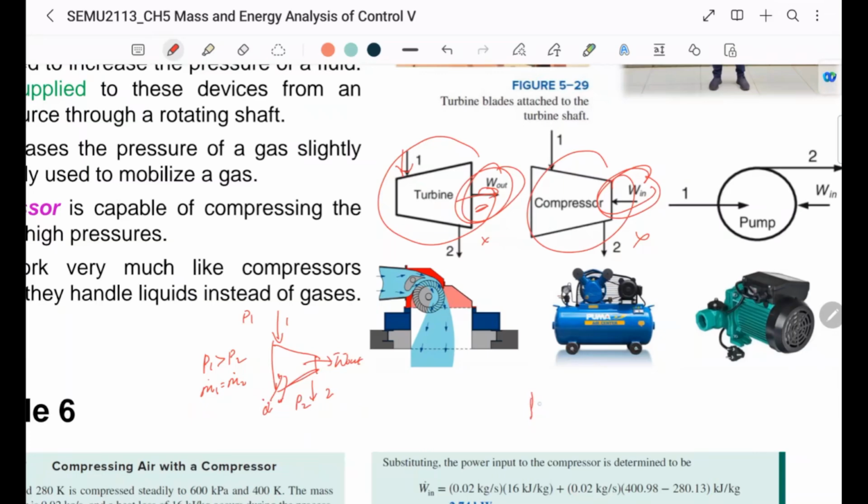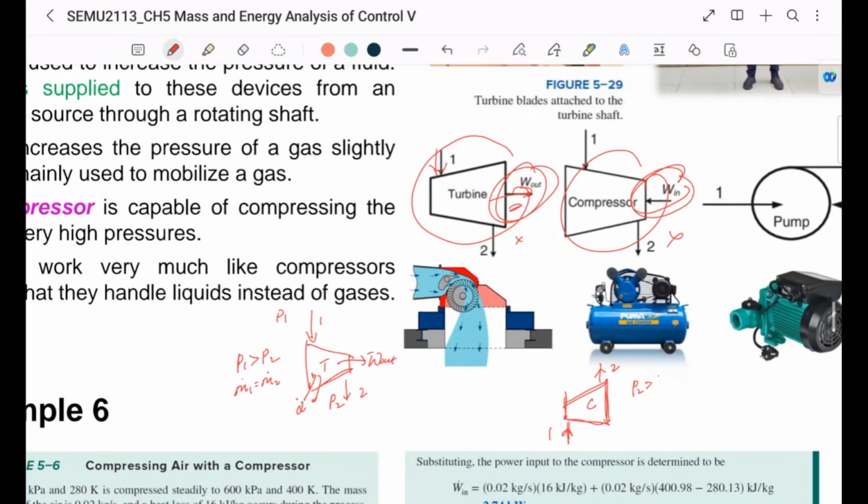Okay. For compressor, this is turbine, this is compressor. For compressor, usually we draw this side small, this side large. Okay. You draw from the top, also no problem. Okay. But the direction is opposite. Usually the small side is the lower pressure. Here also P2 larger than P1.